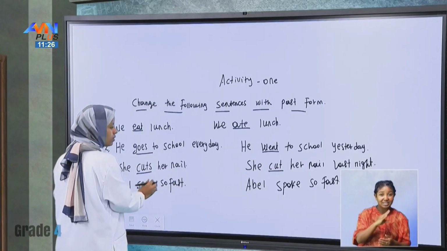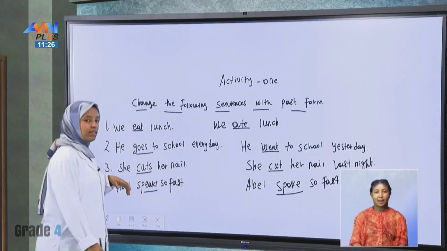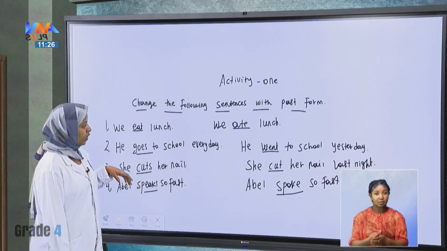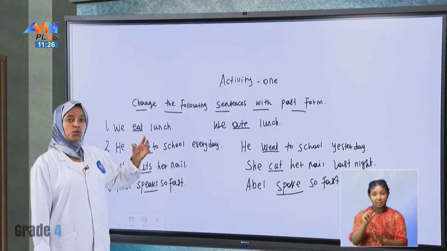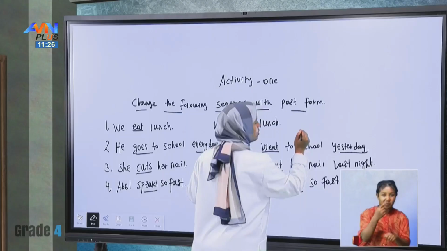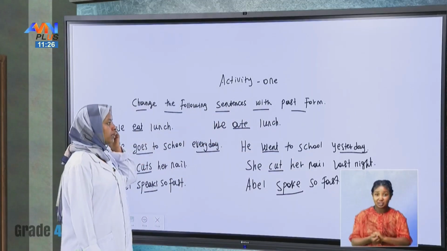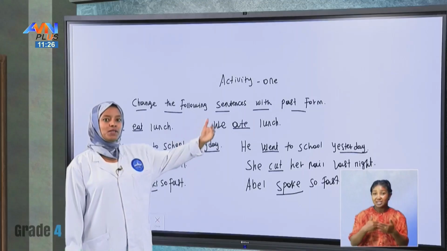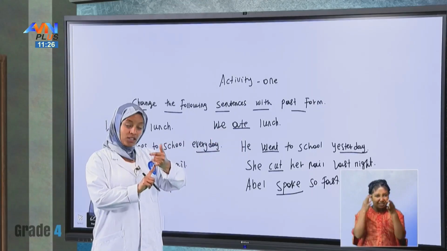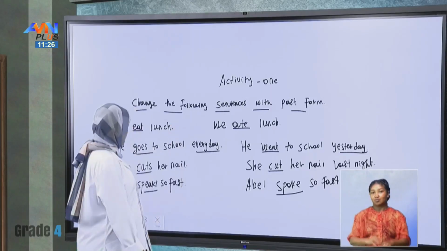Abel speaks so fast. And we use spoke. We used what? Spoke. And also sometimes we are using some specific times, like here is every day, we are using yesterday. So this is how we are changing simple present tense easily with simple past tense by using specific time and also verb 2.